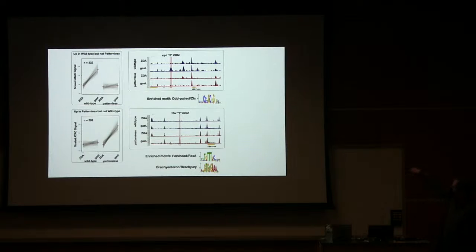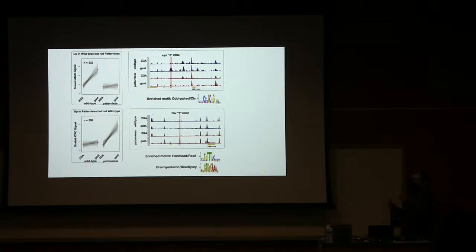The sloppy paired cis-regulatory module, shown here in red, gains this lovely broad peak of accessibility by gastrulation in a wild-type embryo, but fails to do so in the mutant. Conversely, within this toll-like receptor, this region dramatically gains accessibility in the posterior in the mutant at gastrulation. We can clone each of these enhancers, put them into a fly, and we find that this one is expressed within posterior endoderm, and this one is expressed outside of posterior endoderm, as we would expect.